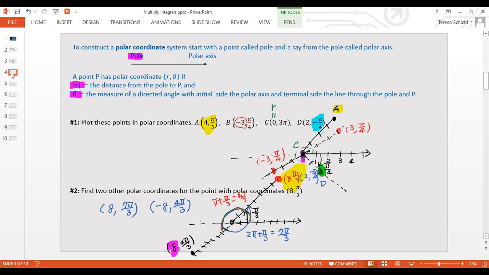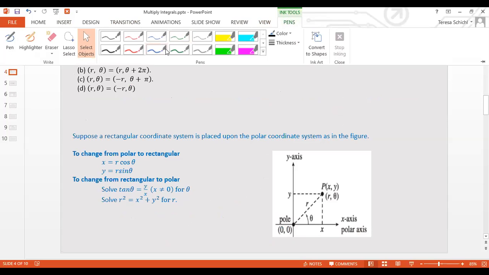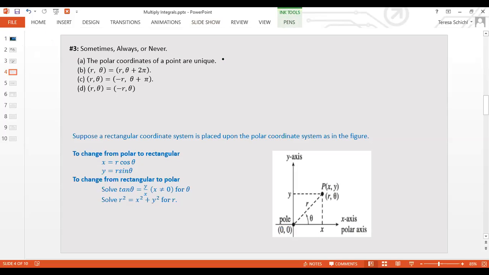All right, so let's take a look at the other ones here. This is kind of a little bit of a concept problem. They said the polar coordinates of a point are unique. We said never.